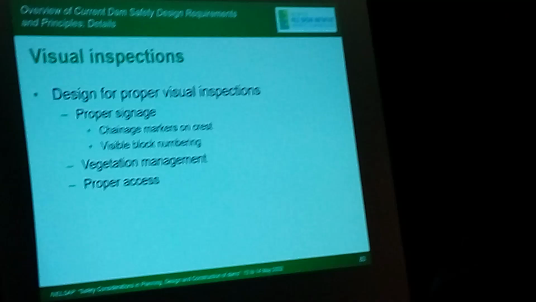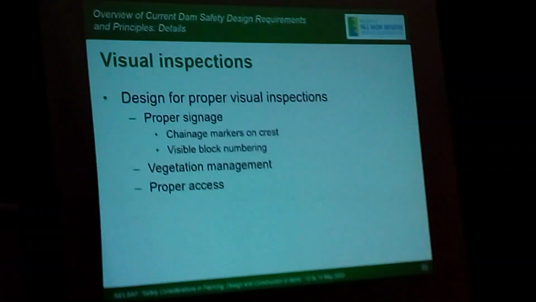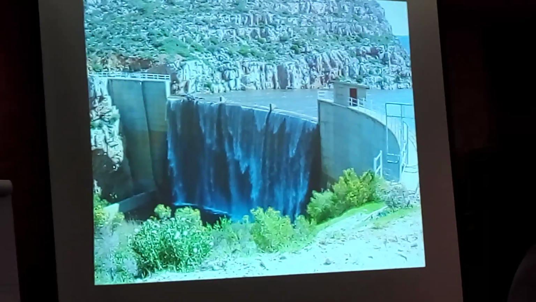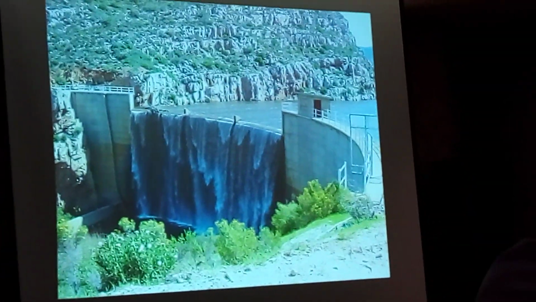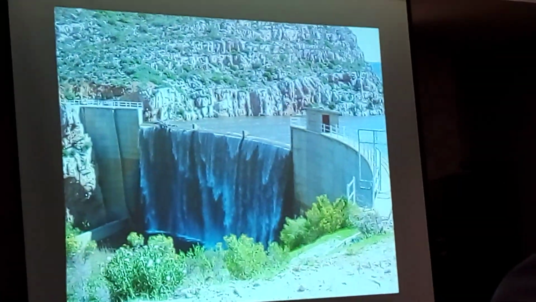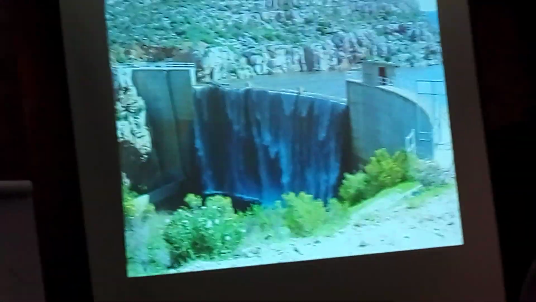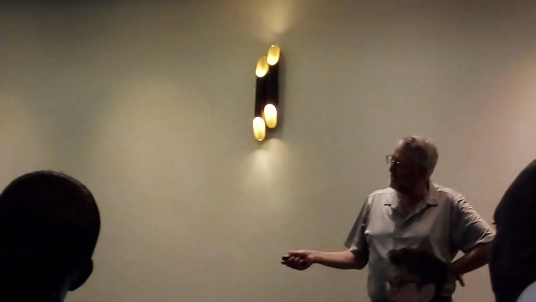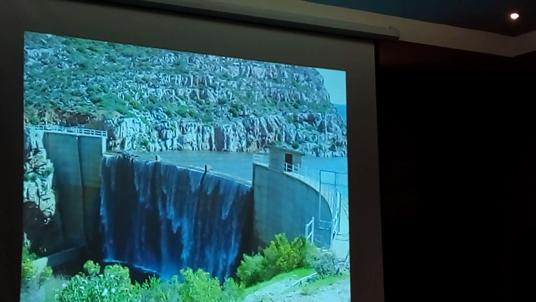Okay. And then to have proper access. We talked about it yesterday. Make sure, but let me show you quickly this example. It's a small arch dam in South Africa. All right. So to get to that side, the only way that you can get to that side is to actually go by boat and then climb up against rock there.